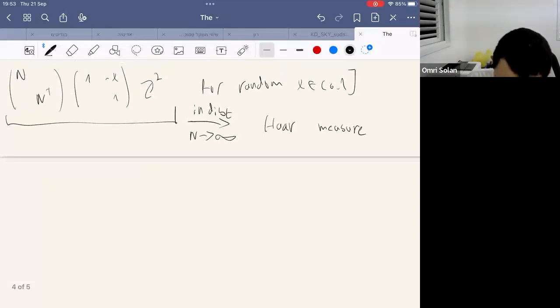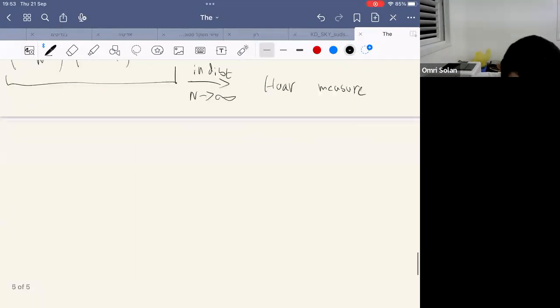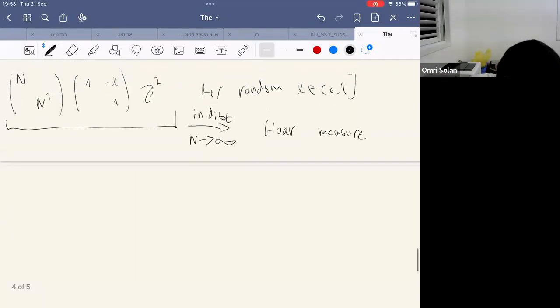Okay, so I want to draw a picture because I like pictures and it helps me see things. So this lattice denoted by lambda x.